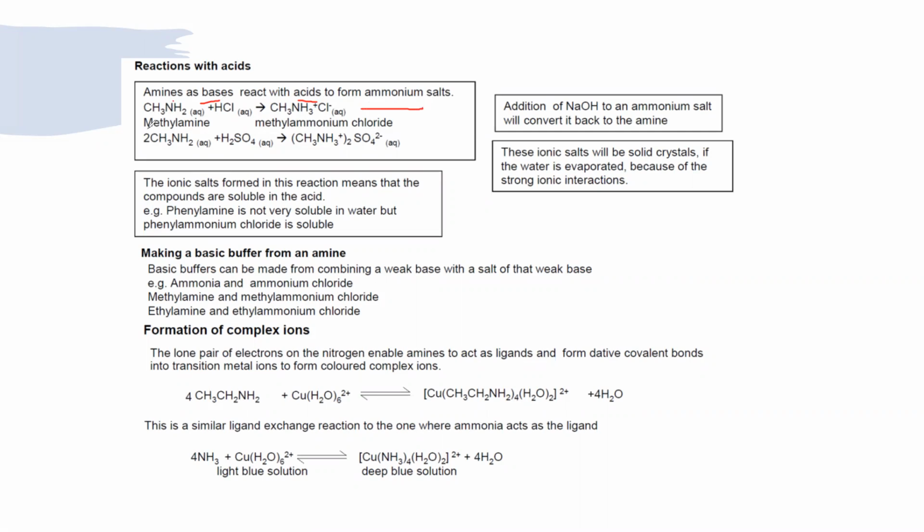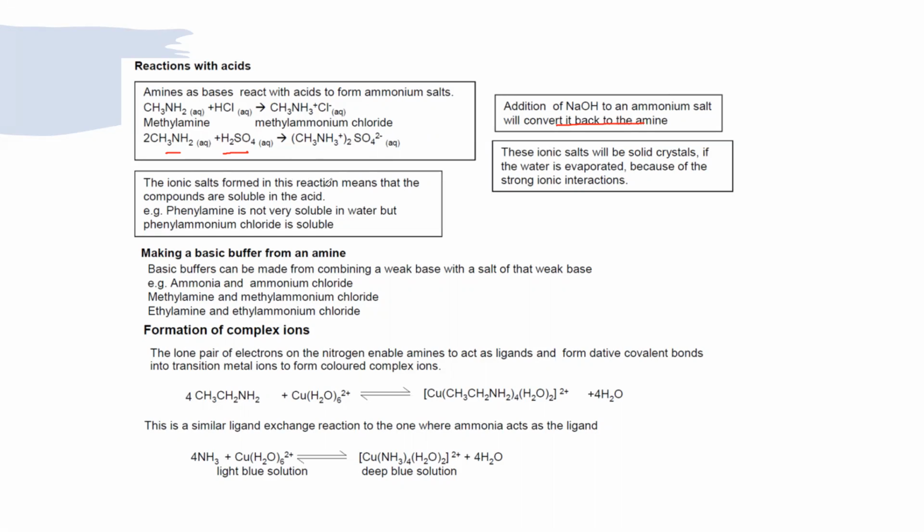You can see here, if methylamine is mixed with hydrochloric acid, it will form methyl ammonium chloride. And addition of sodium hydroxide to an ammonium salt will convert it back into the amine. Same thing if we have sulfuric acid and methylamine, it will give methyl ammonium sulfate.